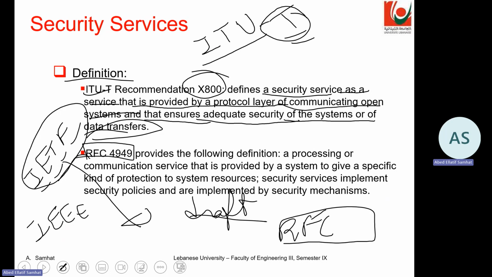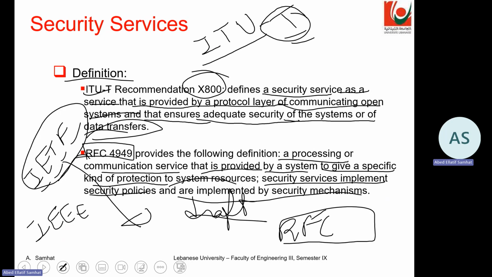4949, it provides another definition, which is a processing or communication service that's provided by a system to give a specific kind of protection to system resources. Security services implement security policies and are implemented by security mechanisms.